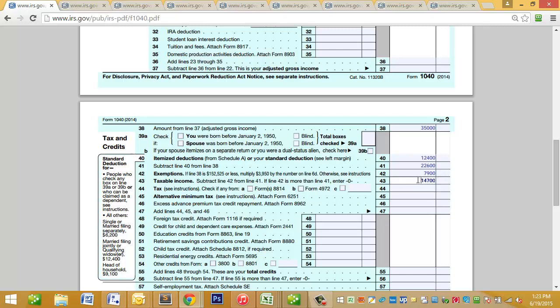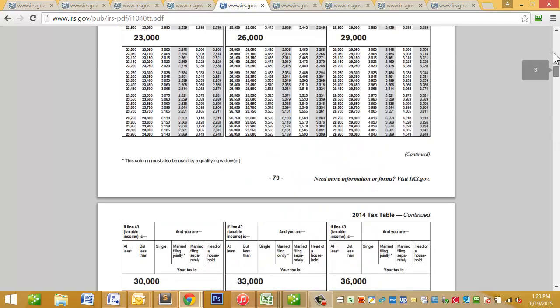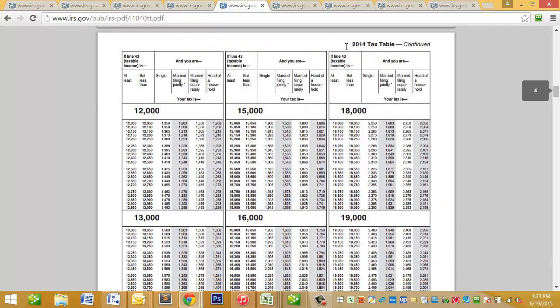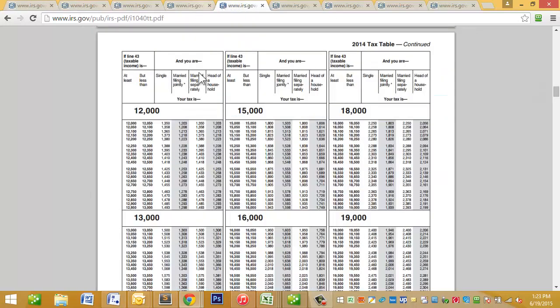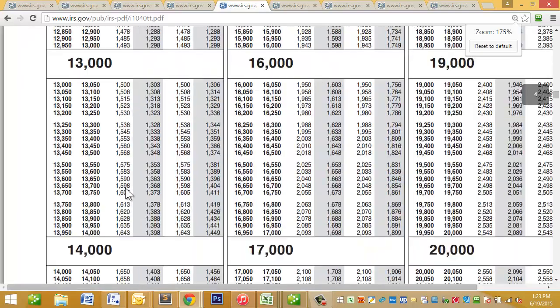So now we're going to take this $14,700 and we want to figure out what our tax is. Well, all you have to do is go to this very long document here, which is called your 1040 tax table, and you scroll down in the tax table looking for this number, $14,700.